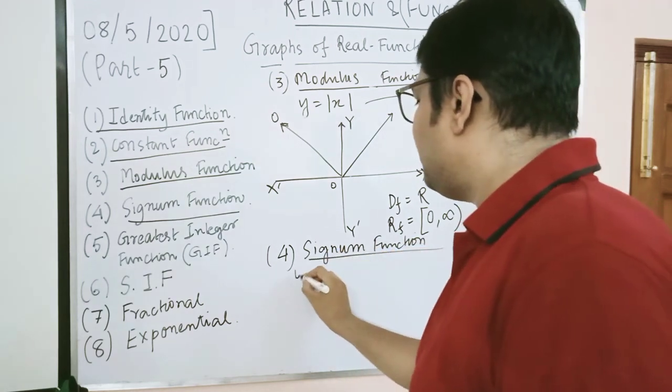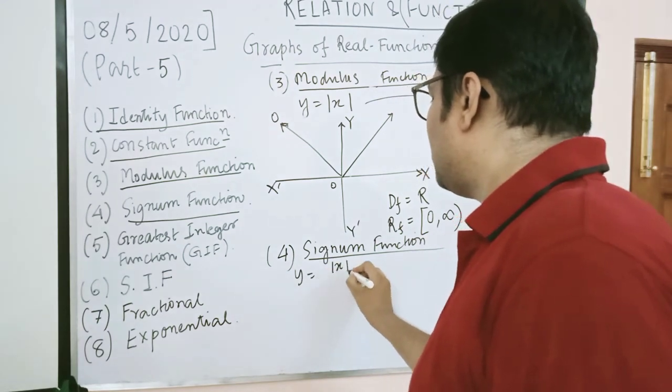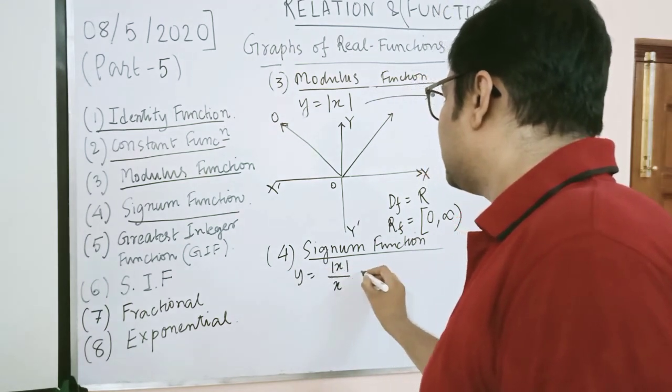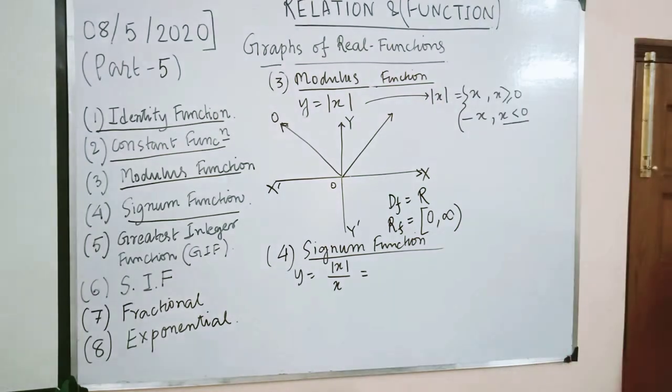The signum function is y equals mod x by x. Now this mod x by x is defined in a very specific way. So there are values given for positive, negative, and also for 0.